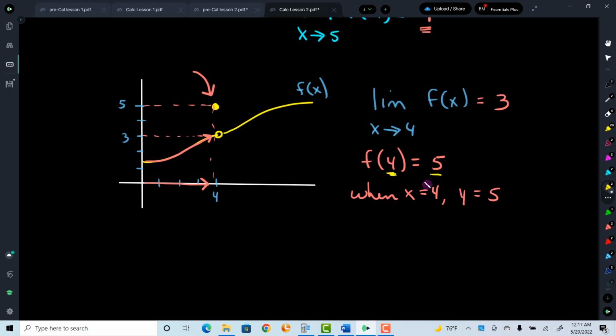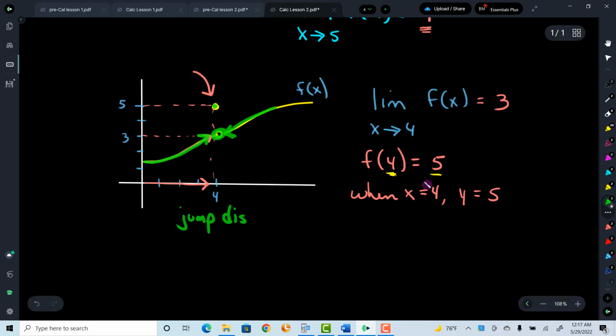Okay, let that sink in a minute. The limit, the number that we are approaching, is clearly approaching 3. That does not have to be the same thing as the value at that point, right? This is a jump. This is actually called a jump discontinuity.